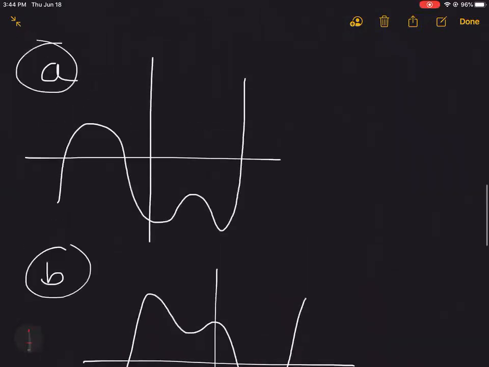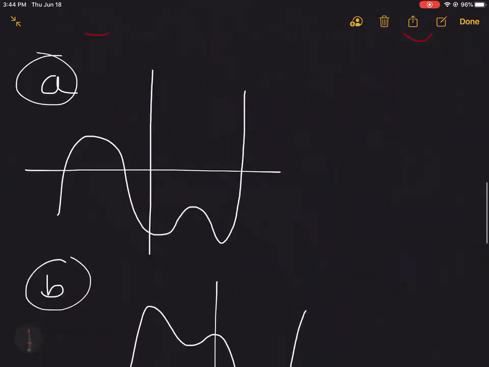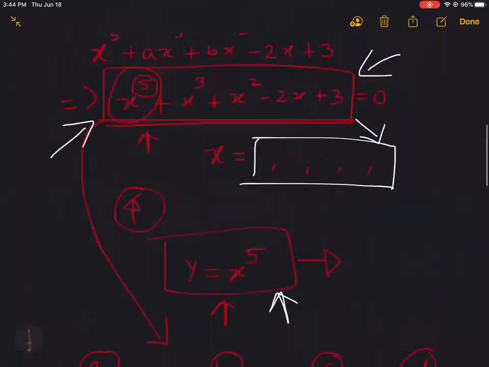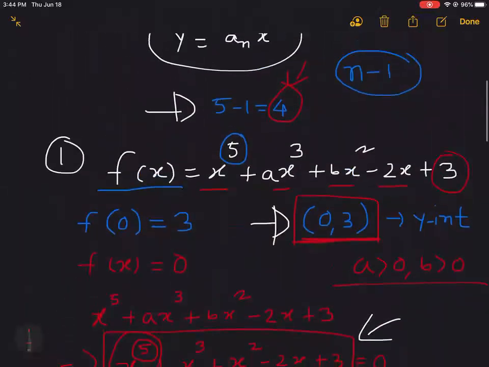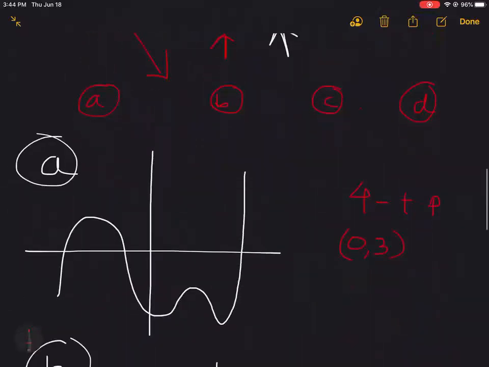But if we see the information we have, let me write it for you. We have 4 turning points. The y-intercept is at 0, 3. And this will behave like y equals x to the 5. So these are the three pieces of information we have.